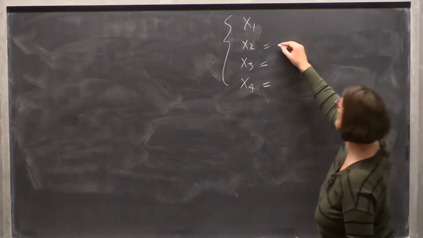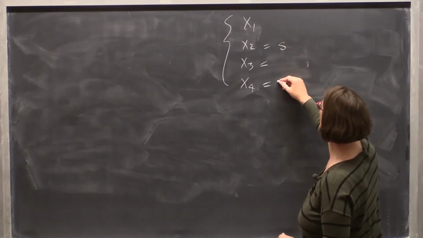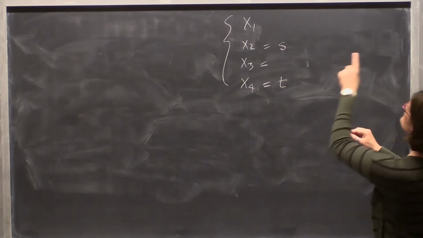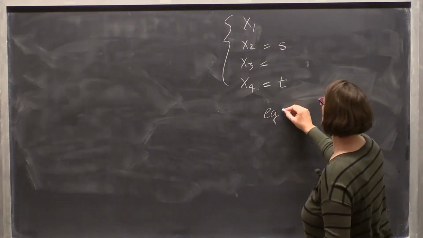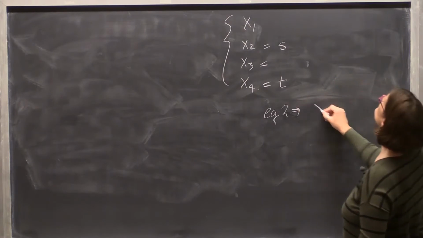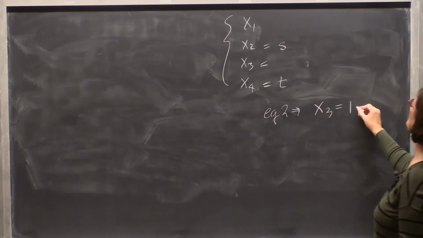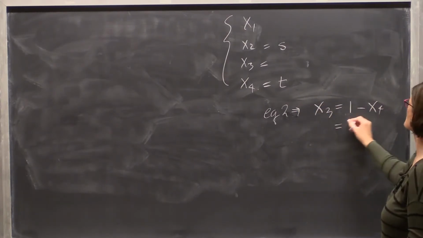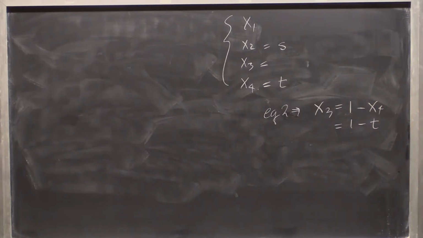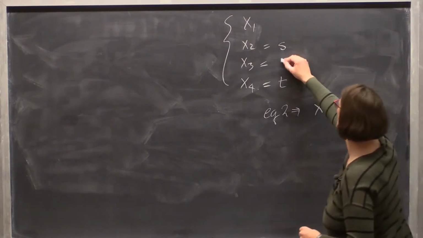So x2 we'll call s, and x4 we'll call t. So why is this easy? From equation 2, we have x3 is equal to 1 minus x4, which is equal to 1 minus t. That was a super easy equation to solve because x3 was a leading 1.